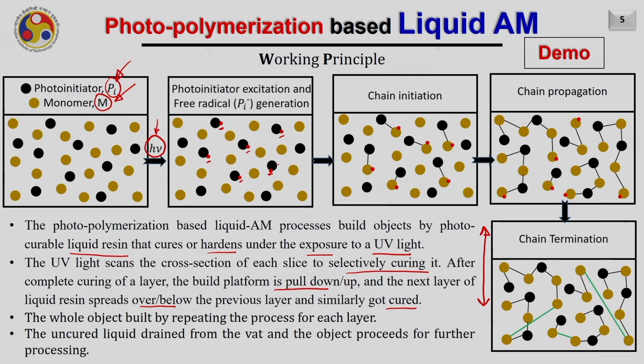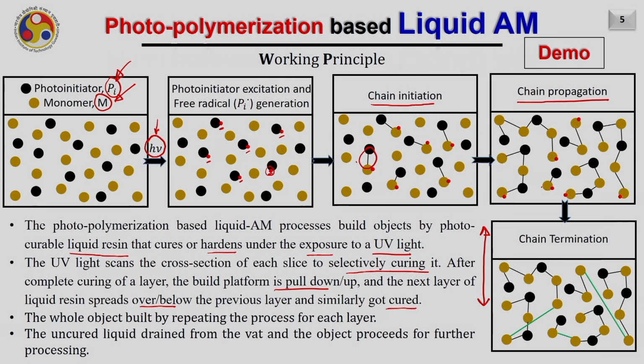Then after that, the photoinitiators, which have the free radicals with them, start transferring these free radicals to the monomers and hence form a bond, as you are seeing here. This chain keeps on transferring from the photoinitiator to the neighbor monomer and the chain keeps on propagating. The phenomenon of propagating the chain is called chain propagation, and when the first bond is formed, the process is called chain initiation.